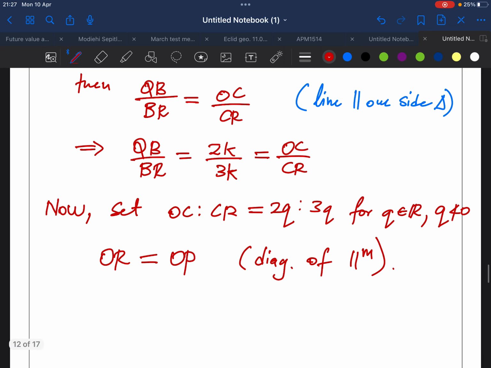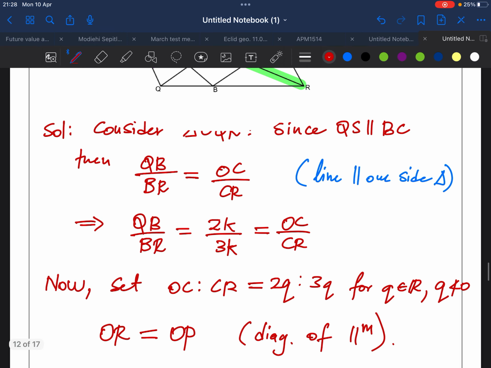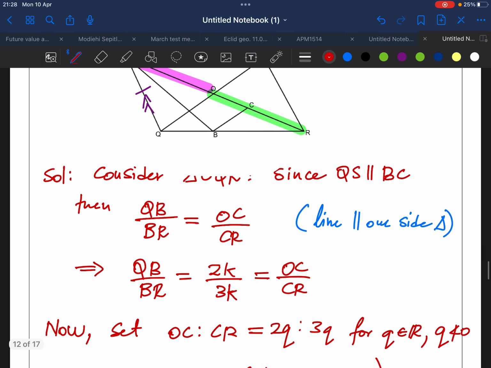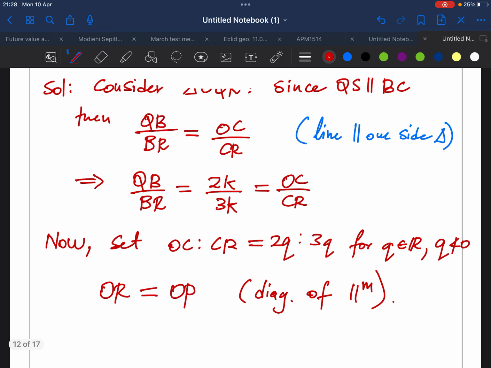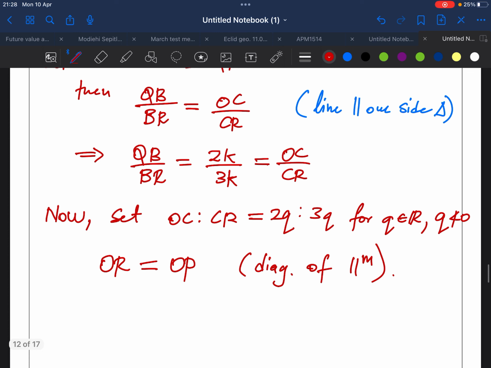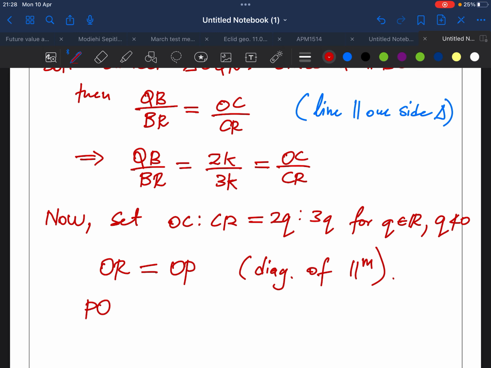So now please make sure that you use your detective skills when solving Euclidean geometry questions. Make sure that no stone is left unturned. You use your detective skills. So we see that OR is equal to OP because they are diagonals and they are equal. So now we can say PO is equivalent to OC plus CR.